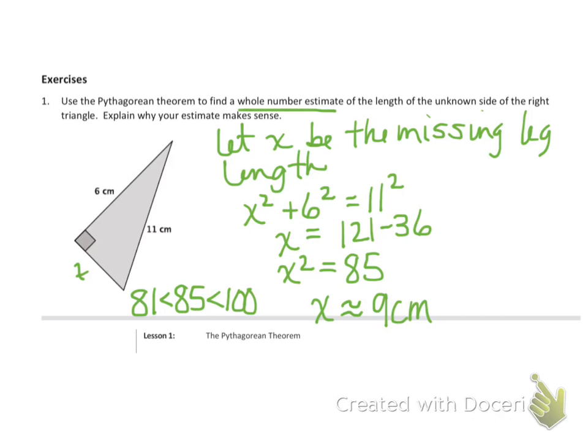And we were told to find the closest whole number estimate on this one.